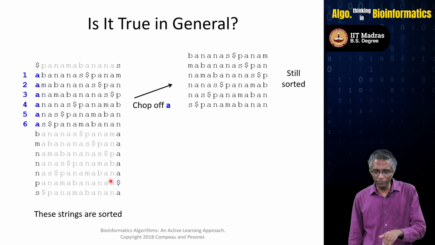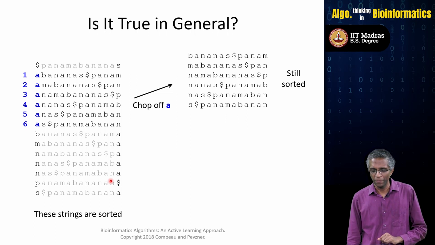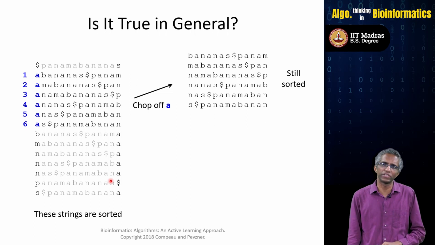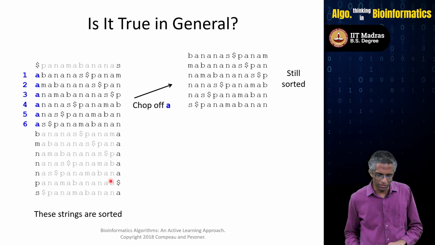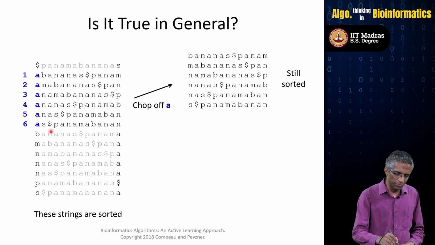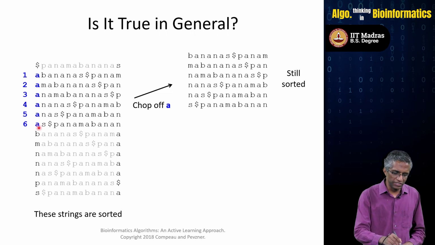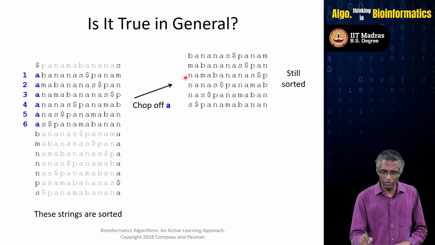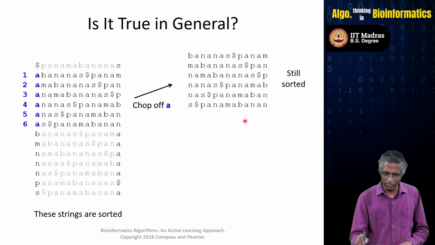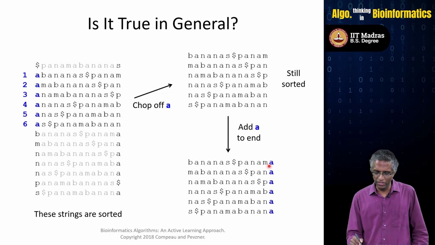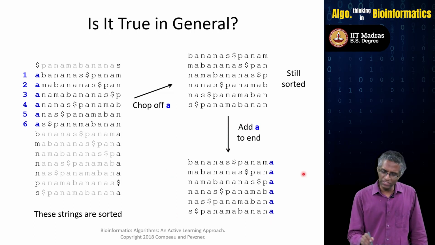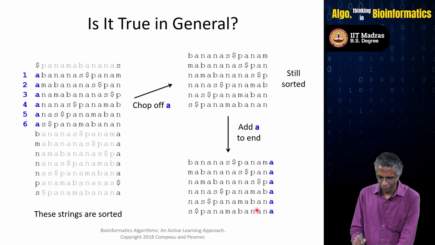If you chop off the A, these are still sorted, because A is a common first letter. In lexicographic sorting, if there is a tie in the first column, then the remainder of the string is used to sort. So if you chop off the A, this is again sorted, and you add the A back to the end.